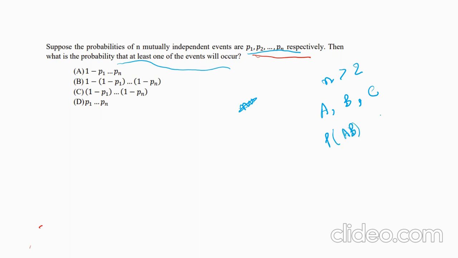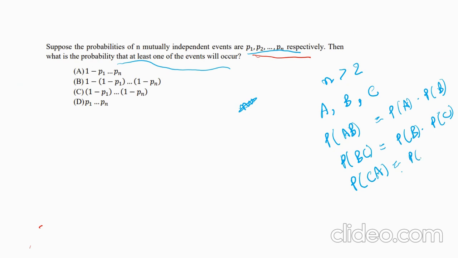So P(AB) is P(A) into P(B), P(BC) will be P(B) into P(C), and P(CA) will be P(C) into P(A). So these are the conditions for pairwise independent.